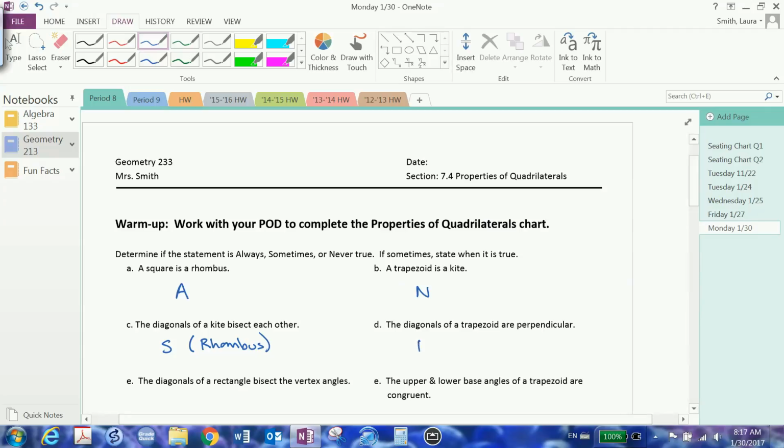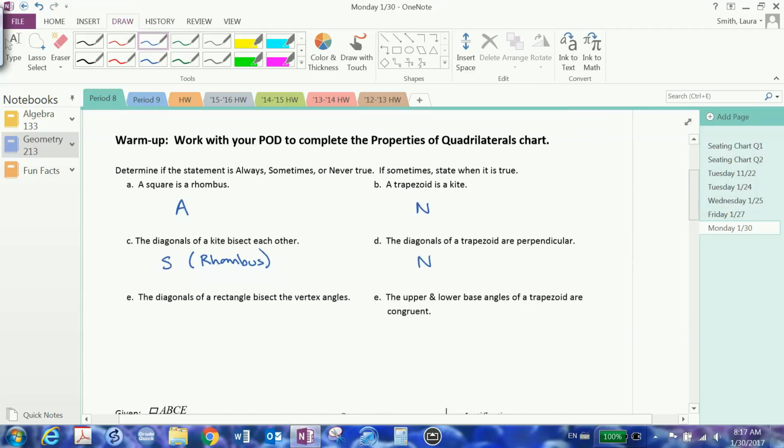The diagonals of a trapezoid are perpendicular. No. Not even as an isosceles trapezoid. Those are not perpendicular. So the diagonals of a rectangle bisect the vertex angles. Well, the rectangle itself, that's not true.